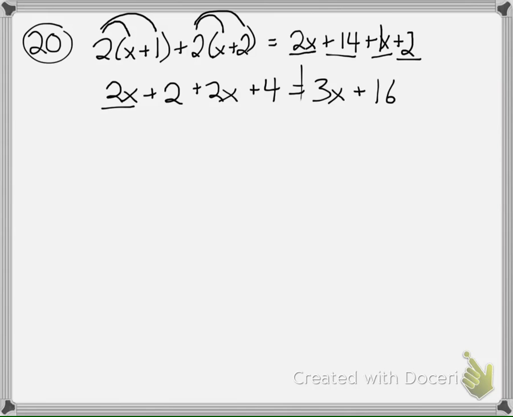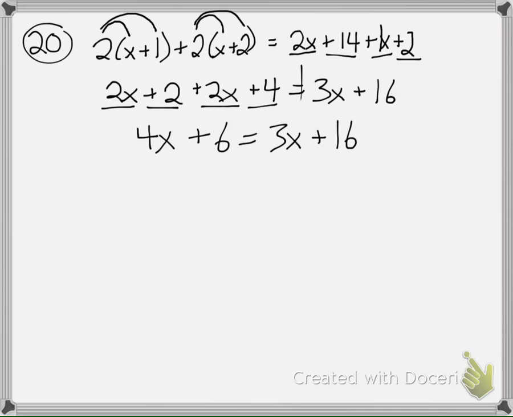So on this side we have 2x and 2x, both positive, so that gives us 4x, and also positive 2 and positive 4, which gives us positive 6. Now each side is simplified, right?